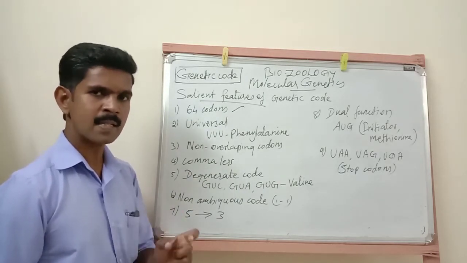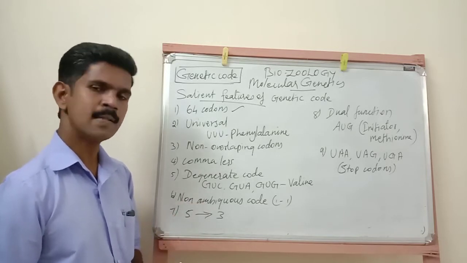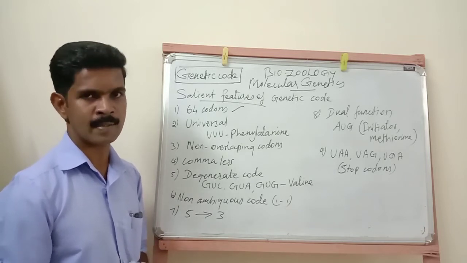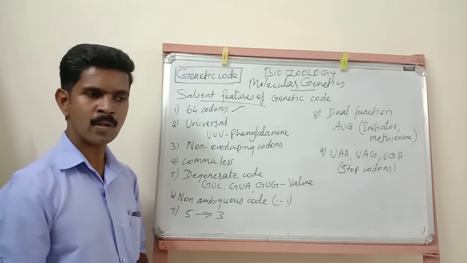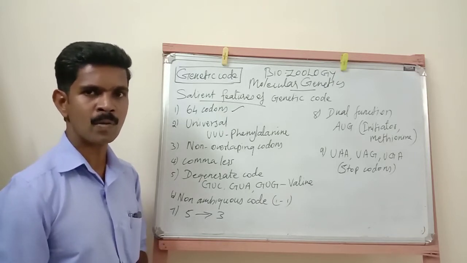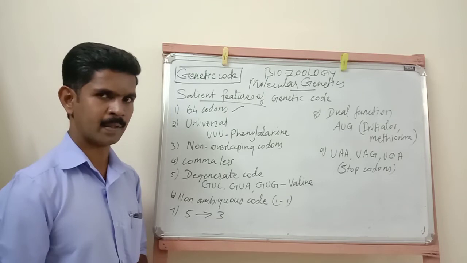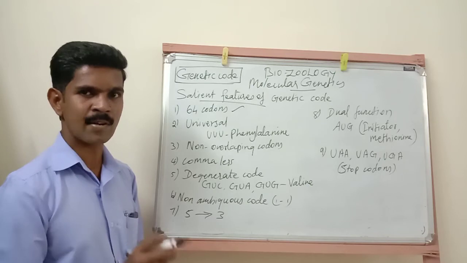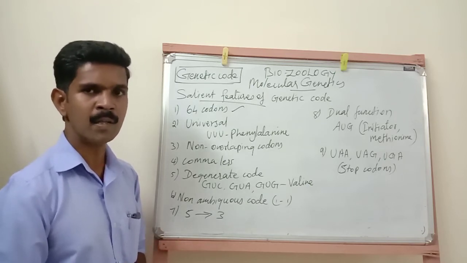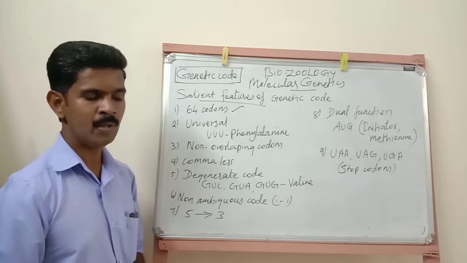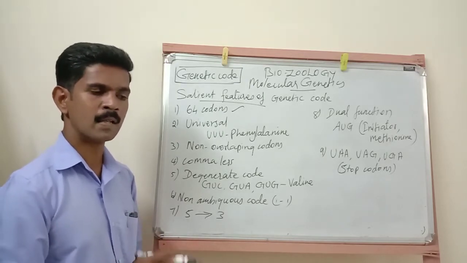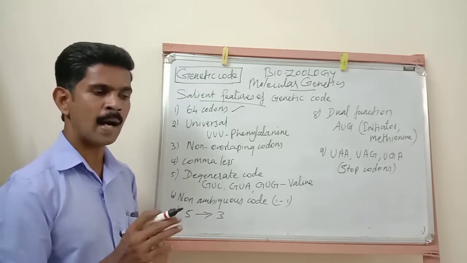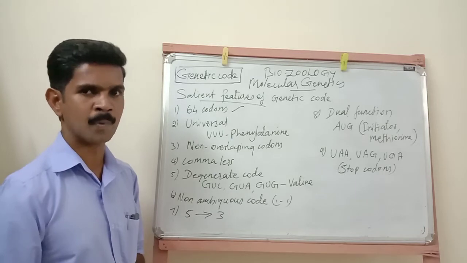Of these, 61 codons code for amino acids and play a very important role in protein synthesis. The remaining 3 codons are responsible for stopping protein synthesis, and are called stop codons.